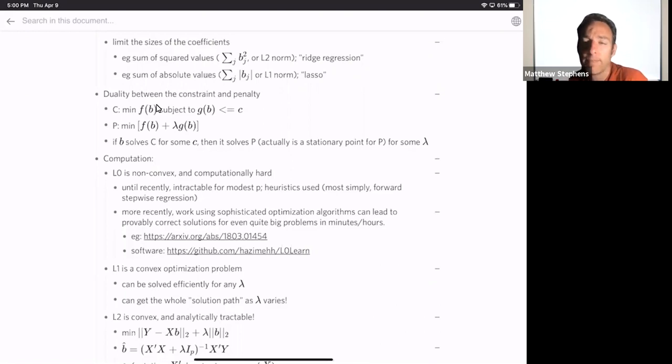So let's suppose you had 1,000 predictors, but I told you you're only allowed to use 10. Forward stepwise regression would simply start by looking for the best single predictor among the 1,000. You just look at them one at a time and see which one reduces the mean squared error most, and you'd include that one.